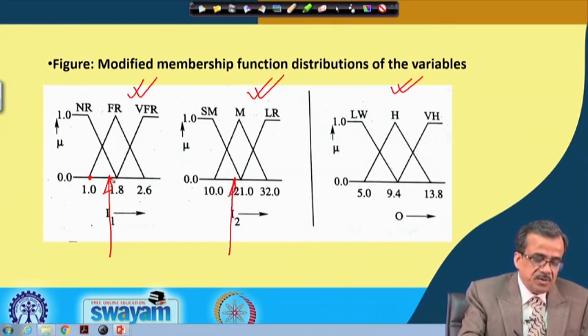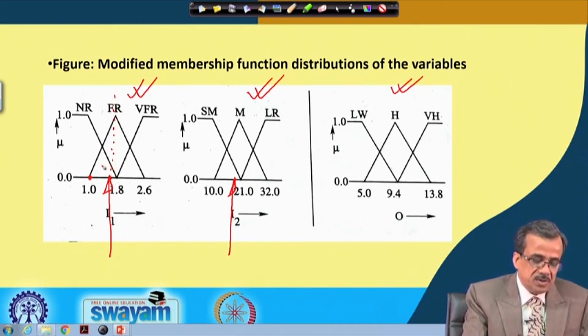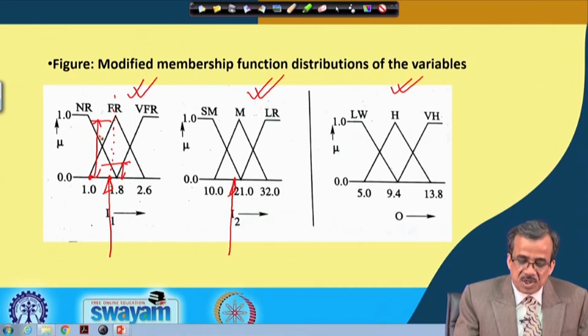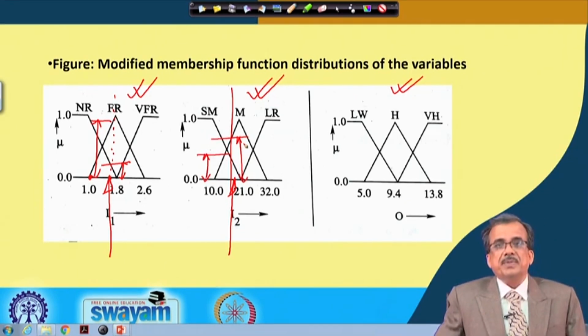Now, corresponding to this particular I1, I will be getting two mu values, one corresponding to near, another corresponding to far. Similarly, corresponding to this particular value of I2, I will be getting a mu value corresponding to small, another mu value corresponding to medium.